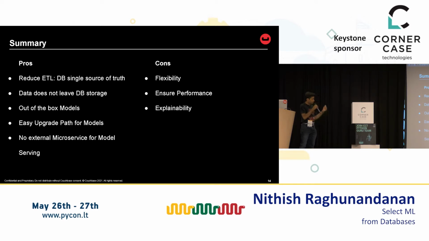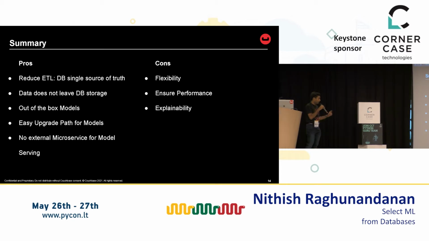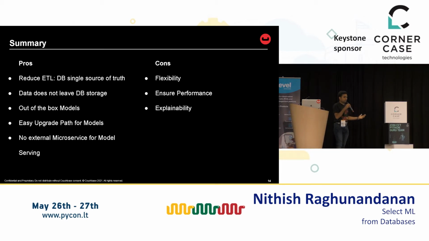It's also quite nice if you don't have data scientists, to get some out-of-the-box models. And the model update path is quite stable: you just develop or retrain your model and then deploy it. You won't need a microservice to deploy your model.